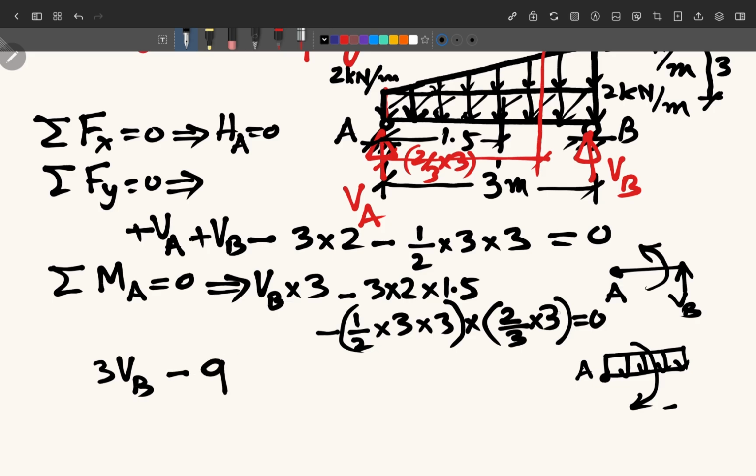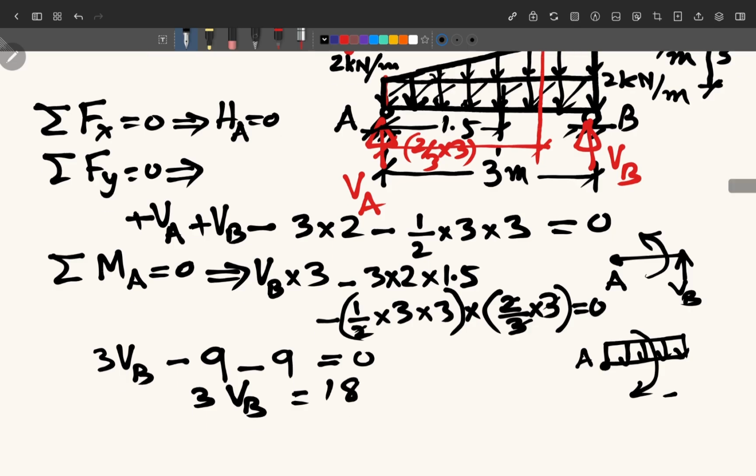Then 3 cancel, this 2 and 2 cancels, minus 3 into 3, 9, equal to 0. So from here we get that 3VB is equal to 18.